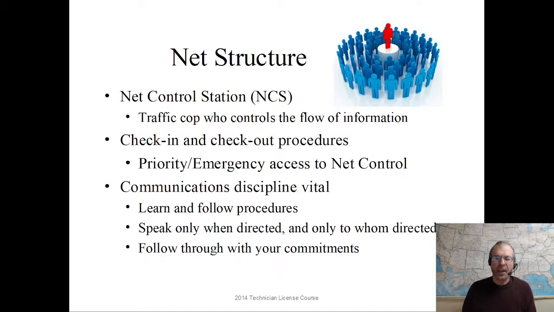You see a tornado drop from a wall cloud, so that needs to be brought to the attention of the net right away. And in that case, you have priority or emergency access to net control, and the net control wants and expects that. So you would give the net control a call and get your traffic in there right away.